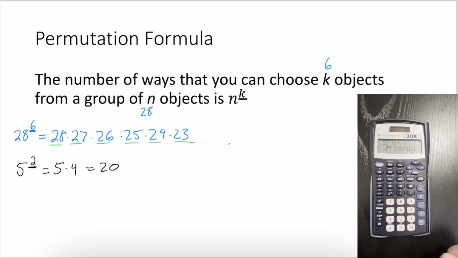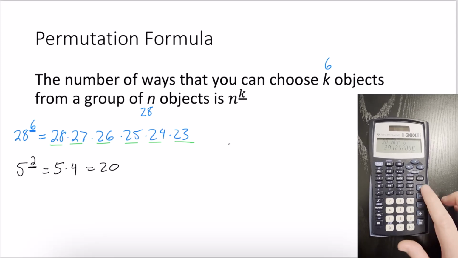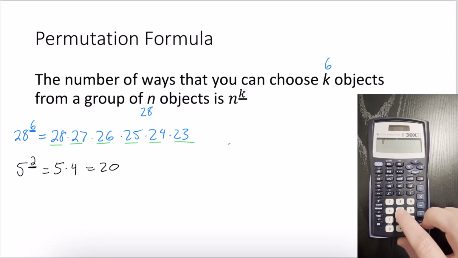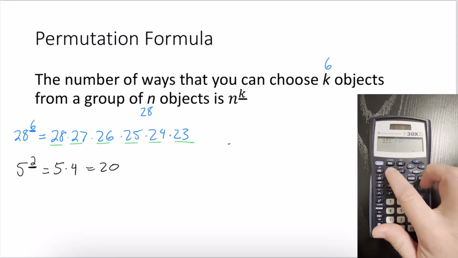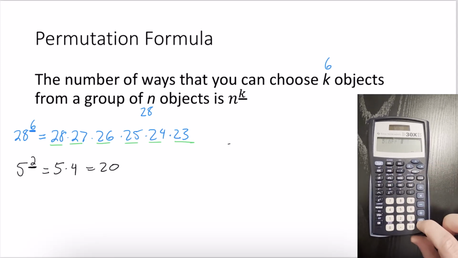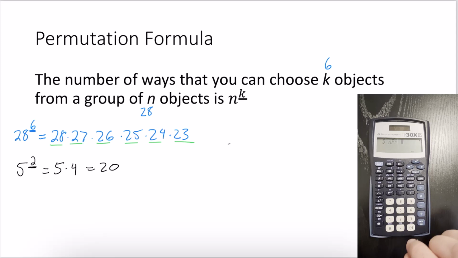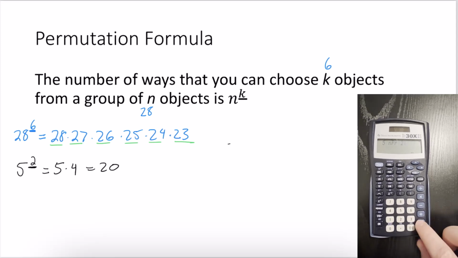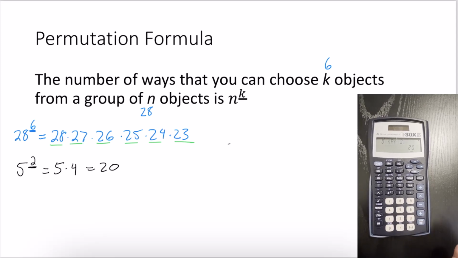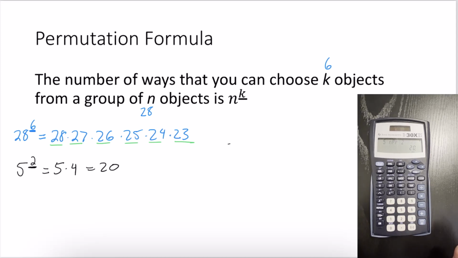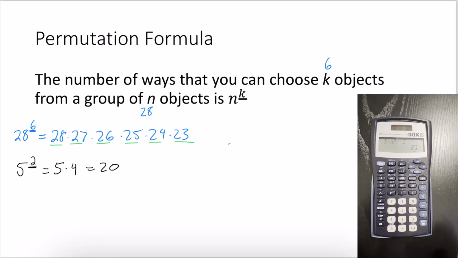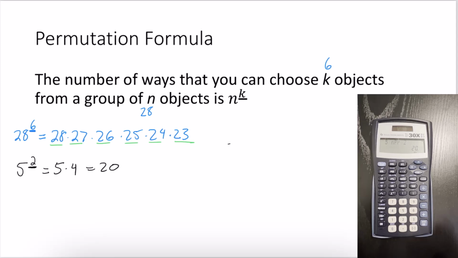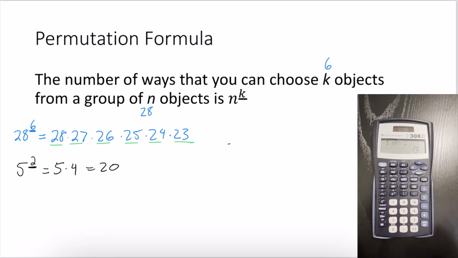And just to show you how to use that calculator button again, you would do 5, probability button, then nPr, because we're doing a permutation, and then 2 to calculate the second one, which gives us that 20. So this nPr button is basically just a shortcut so that you don't have to type out all of the multiplication.